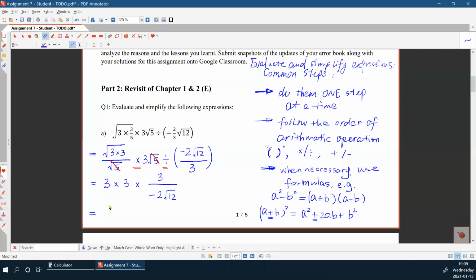Okay, next. We have 27, or 3 to the third power, divided by minus 2 times square root of 12, which is 2 times square root of 3, right?